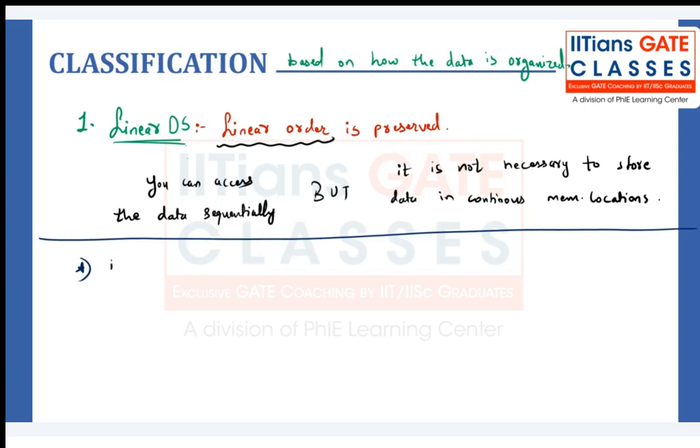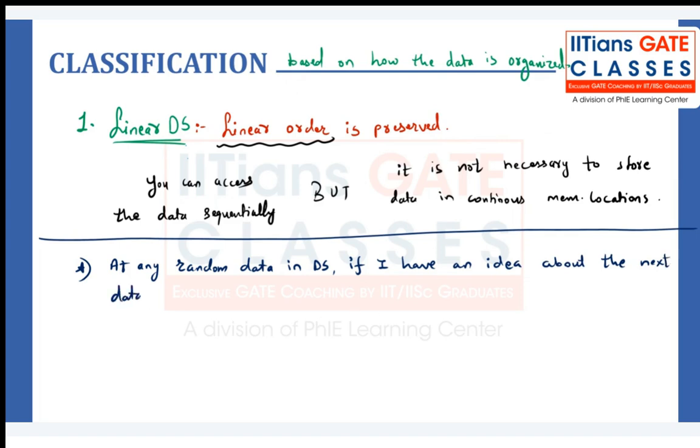At any random data in the data structure, if I have an idea about the next data, the following data, I can say that it is a linear data structure.